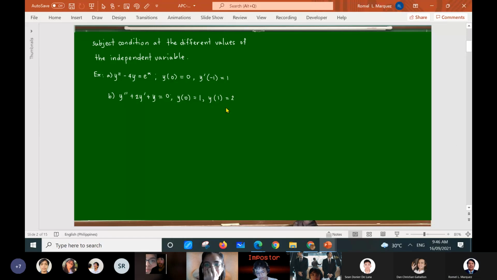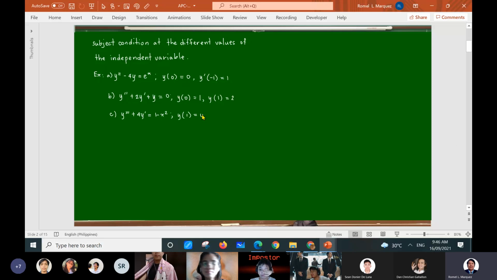If this is second order, the highest derivative that you can have in a condition is the first derivative. If it is a third order, the highest is the second derivative. Okay, guys? Let's say I have y triple prime plus 4y prime is equal to 1 minus x squared, subject to the condition that when x is 1, the value of y is 0.